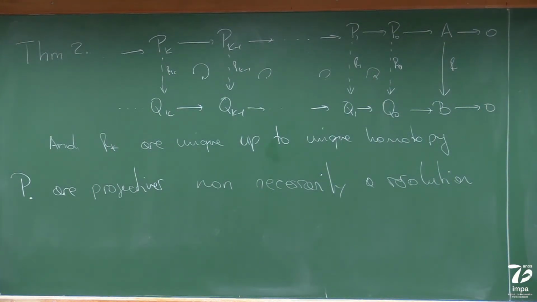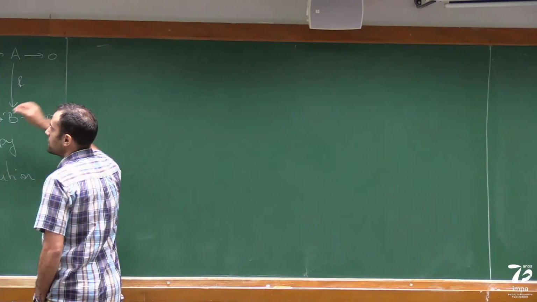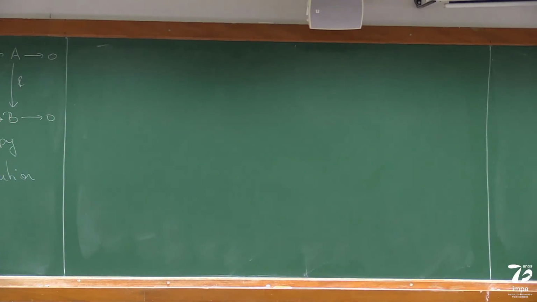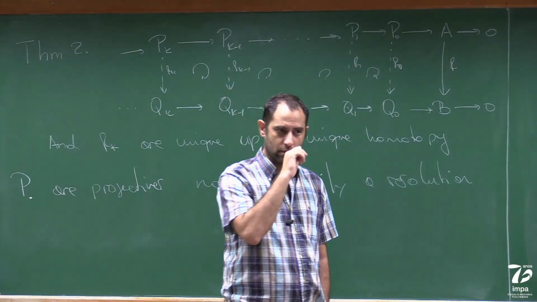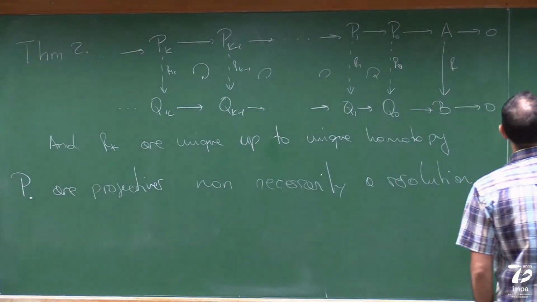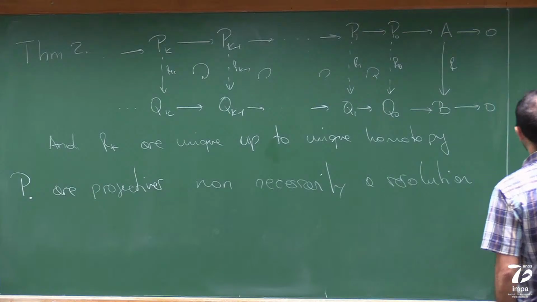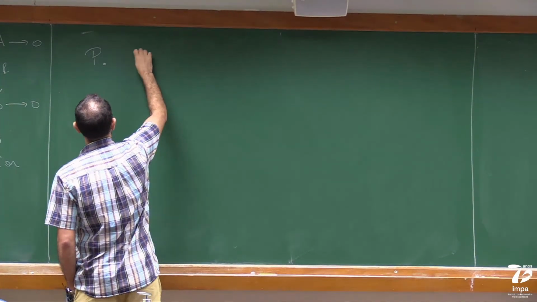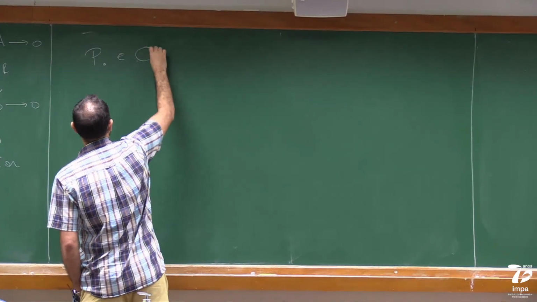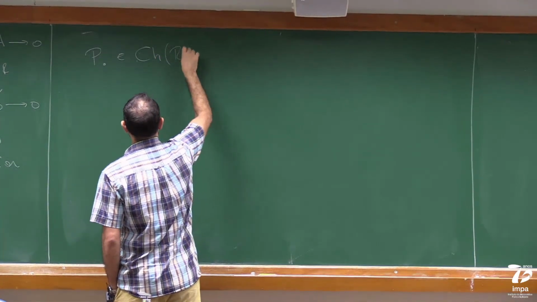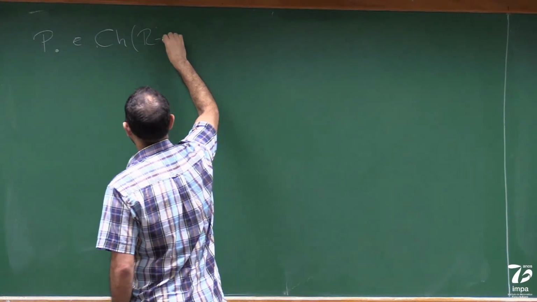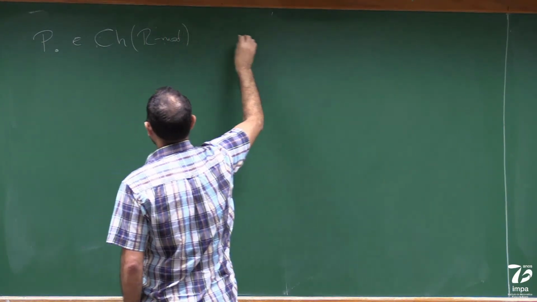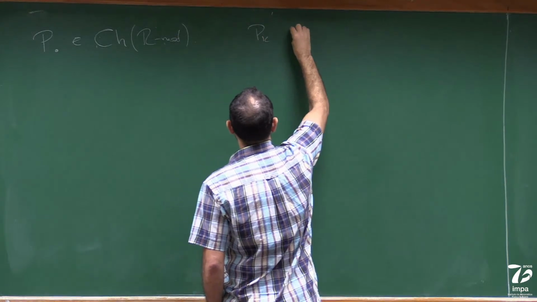And I think I rushed through a couple of results. One of them was that we started digressing into what is a projective complex in the category of chain complexes. But I think I went too fast. So I can take a complex built out of projectives. So let's suppose that this is a chain complex, say of R modules or whatever it is, where each Pk is projective.